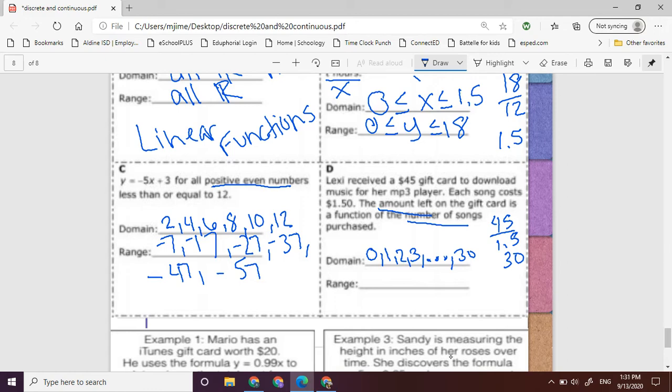The range started with $45. But we're supposed to go from least to greatest, so 45 is going to be all the way over here. That's for 0 songs. If you did 30, you have 0 left. So then 1, 2, 3, but it would be more specific because it would be $1.50 and so on.